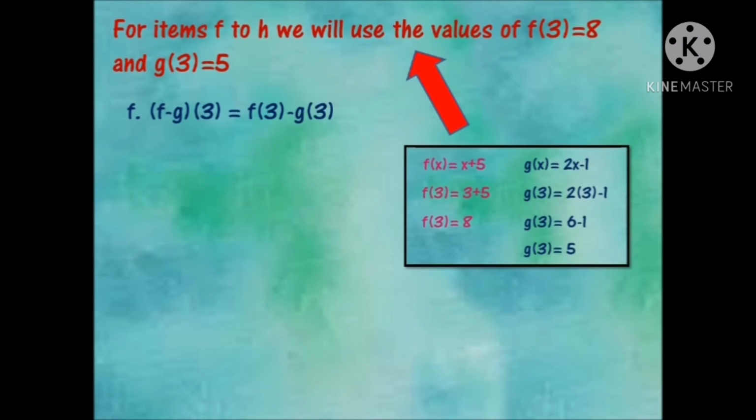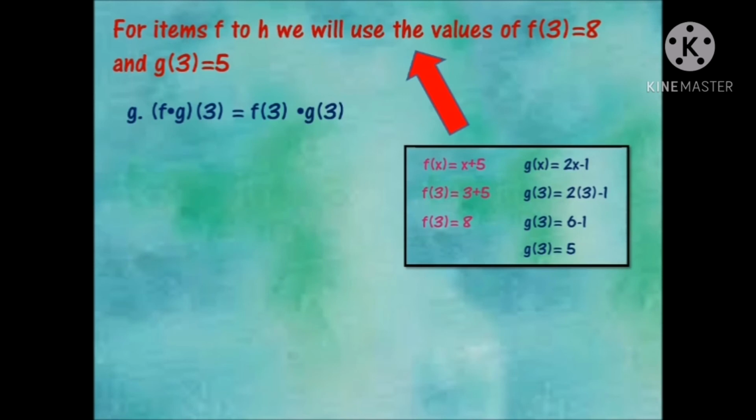So, kunin natin yung f minus g of 3 and that is also equal to f of 3 minus g of 3. f of 3 natin is equal to 8, g of 3 natin is equal to 5. Therefore, 8 minus 5 is 3 and the difference of f and g of 3 is equal to 3.